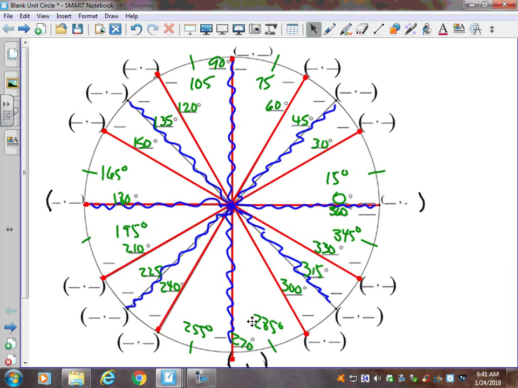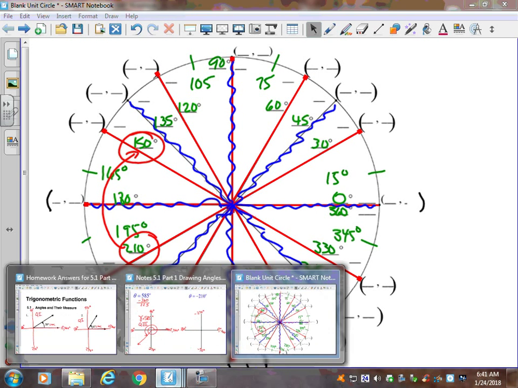And the best thing I can explain to you is to look where it is in a positive direction and flip it across the x-axis, and that's where it will be for a negative angle of 210. Negative 210 and positive 150 are both in the same place. So I'm going to open it up from the x-axis to about 30 degrees above it.